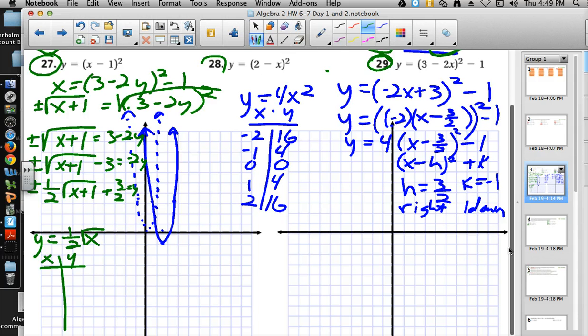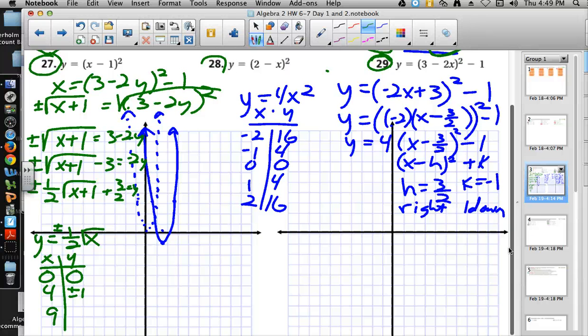And then just use our staples here that we would take the square root of, starting with 0. Square root of 0 is 0 times 1/2 is 0. And then we'd have the square root of 4 is 2, and that would give us 1. And don't forget we had our little plus or minus piece here. We'll think about that later though as we go through and graph it.